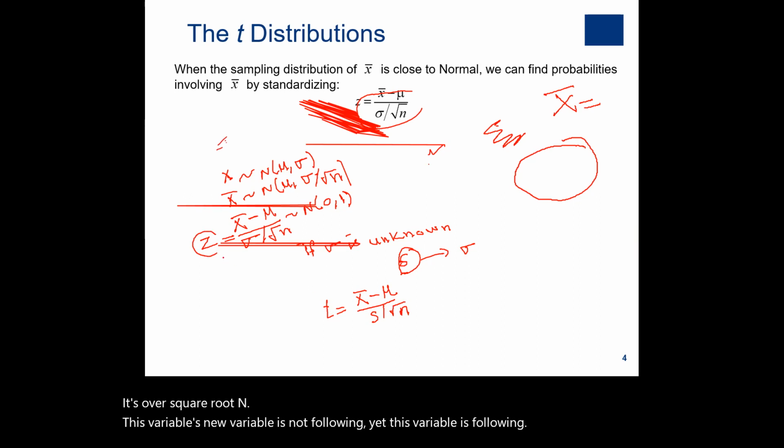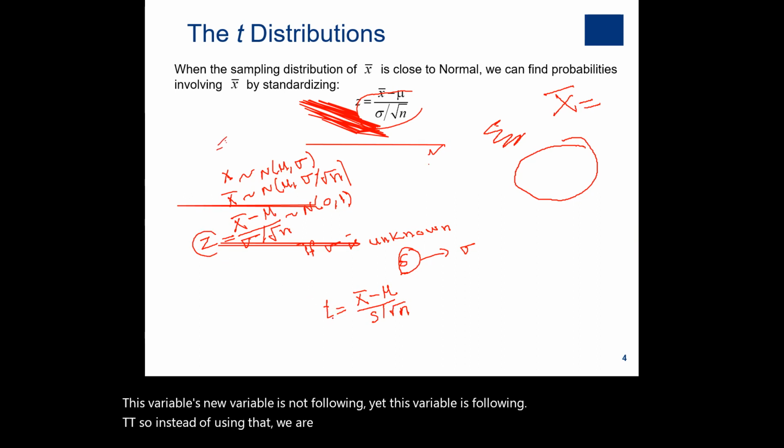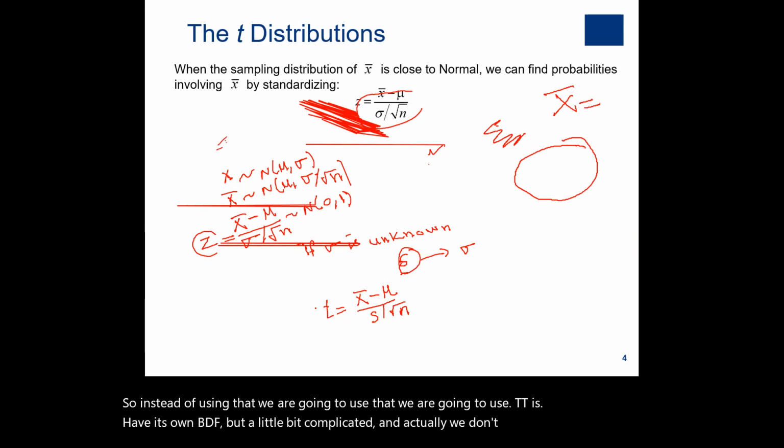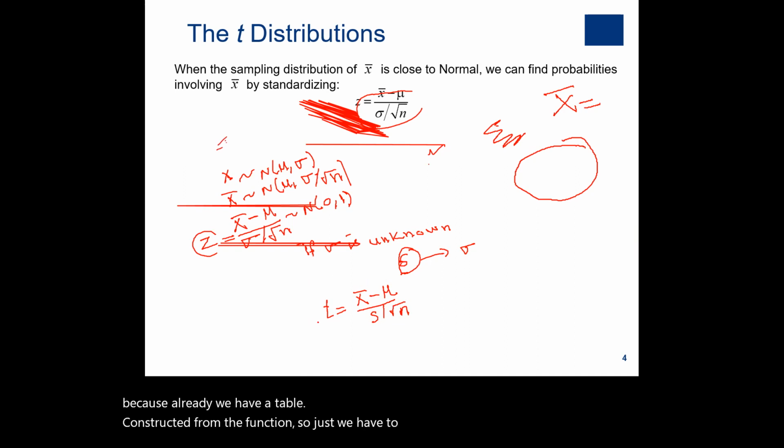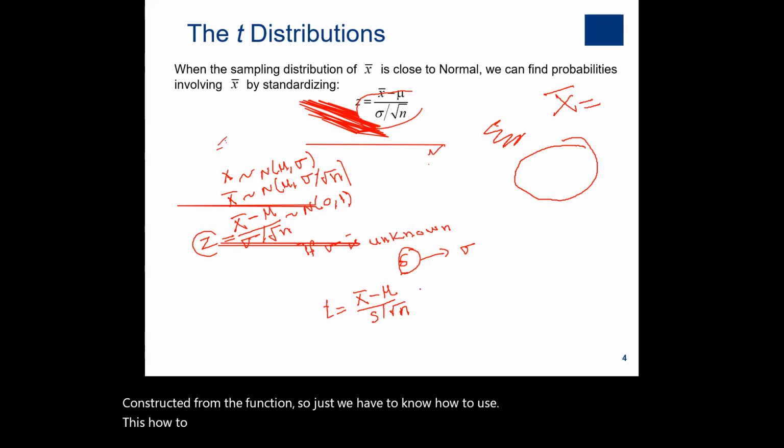So instead of using z, we are going to use t. T has a PDF, but it is a little bit complicated. And actually, we don't need to use the function because we already have a table constructed from the function. We just have to know how to use the table in order to find the area under the curve.